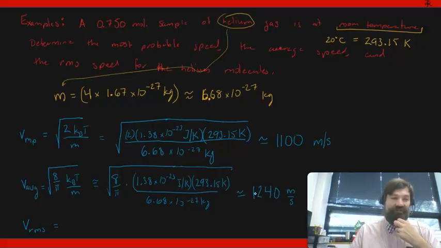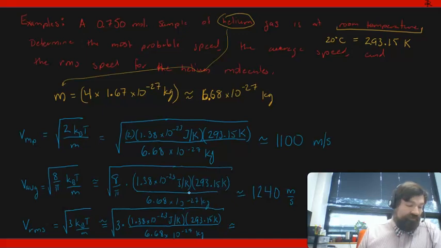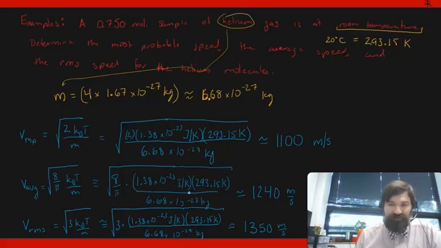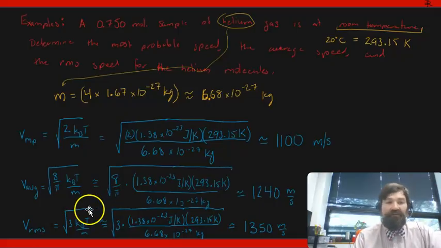From the Maxwell distribution, that ends up being equal to basically the square root of 3 times kBT over m. If you plug numbers into that, what you get is about 1,347, or rounding to 3 significant figures, about 1,350 meters per second, which is greater than the average speed, which was greater than the most probable speed.